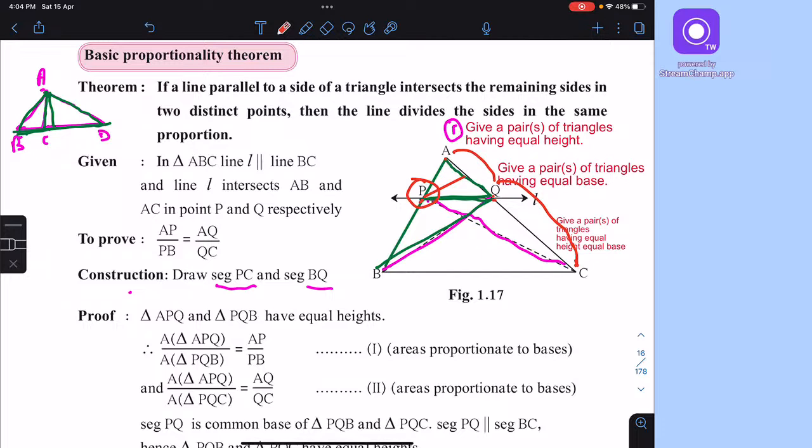So pairs of triangles having equal heights that we require: APQ and PQB is one pair we are going to require in this theorem. Second is APQ and PQC. They have the same height, and therefore the ratio of their areas will be equal to the ratio of their bases. That is what we are going to use.